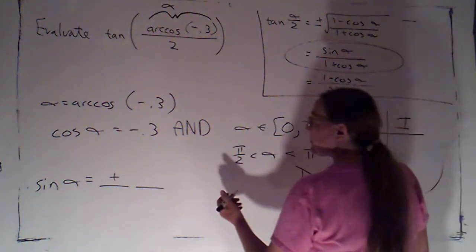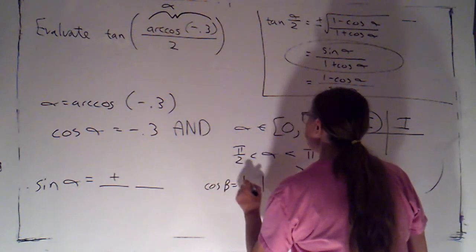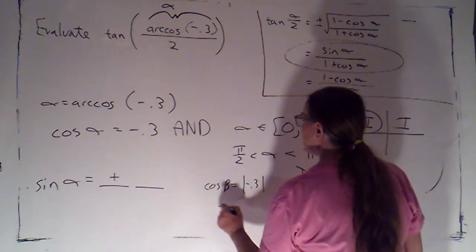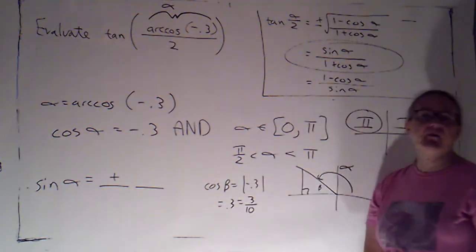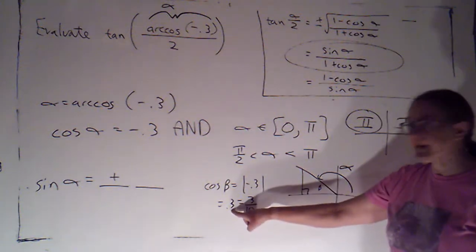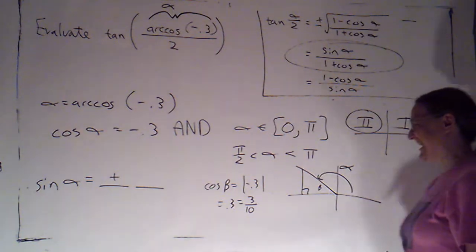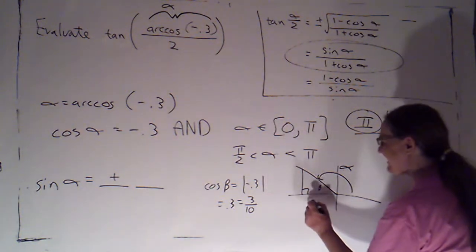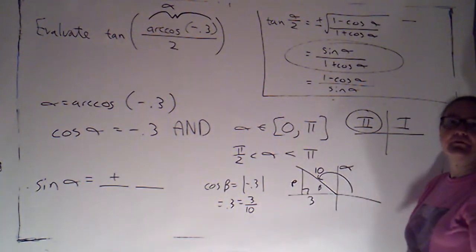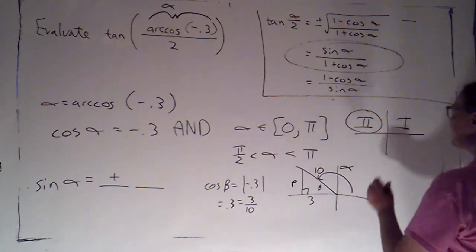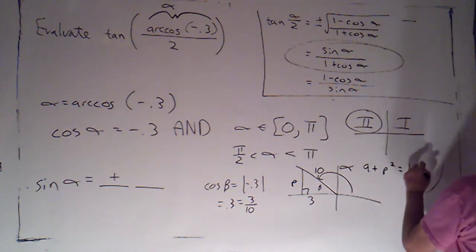Okay. So what I know is that cosine of beta is the absolute value of negative 0.3, which would be positive 0.3. And anytime I have a decimal, I'm going to rewrite it as a fraction. 0.3 can be written as 3 over 10. Brilliant. Okay, that allows me to say cosine is the adjacent over the hypotenuse so that I can solve for the opposite side. Okay, so 3 squared is 9 plus p squared is going to be 10 squared is 100.